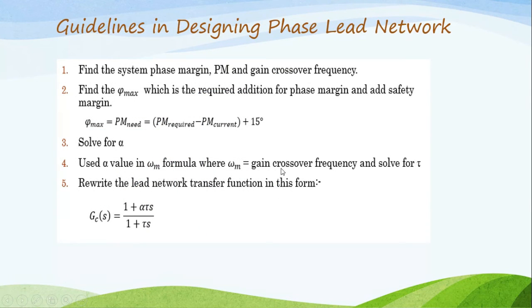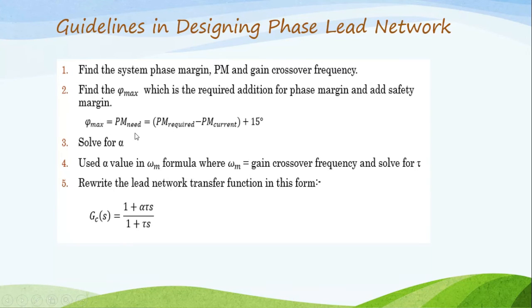For guidelines in designing the phase lead network in part B for this question: first, find the system phase margin PM and gain crossover frequency. Second, find phi max, which is the required addition for phase margin, and add a safety margin. Phi max equals phase margin required minus phase margin current. After that, add 15 degrees.